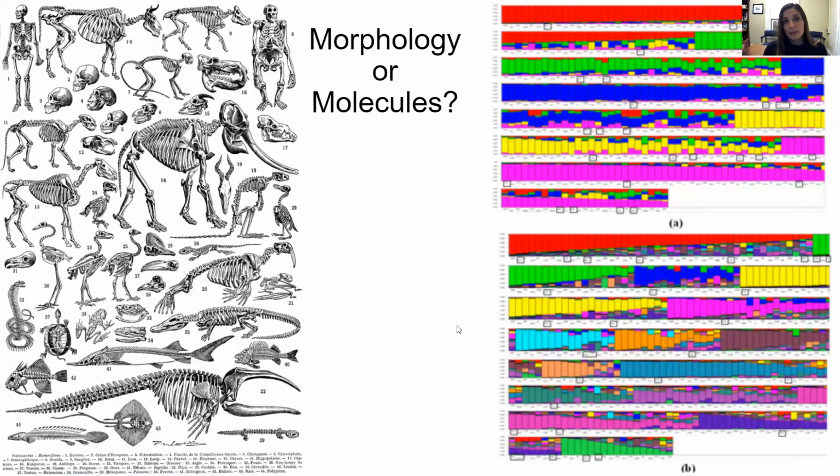But in recent decades, really just the past 30-ish years, molecular information has really pushed forward our understanding of classification and how things are related. So there's sometimes a debate, is it better to look at morphology or to look at molecules?